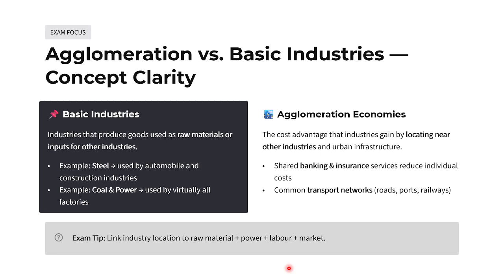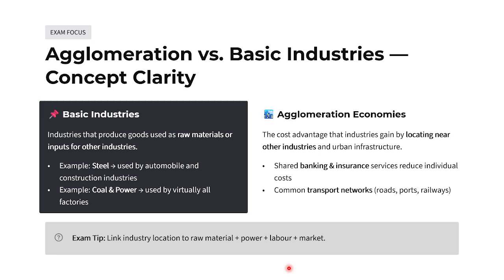Agglomeration versus basic industry, the concept clarity. What is a basic industry? Industries that produce goods used as raw material or input for other industries. They produce goods as raw material so that the material can be used by other industries.